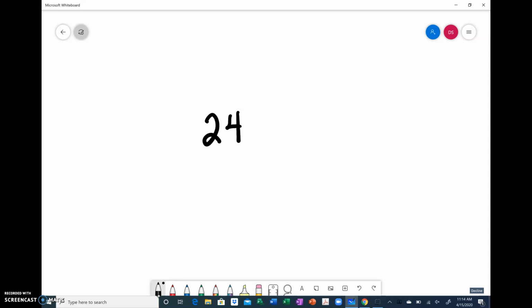So we need to ask ourselves the question, what is 25% of 24? That's how many more were added. So 25% of 24 is what we're looking for. Okay, let me just remind you that you could use percent equation or percent proportion to solve this.